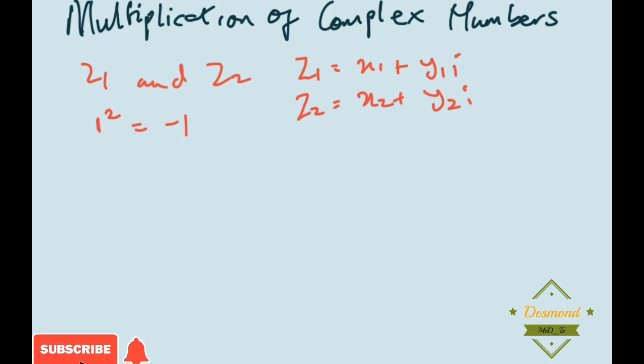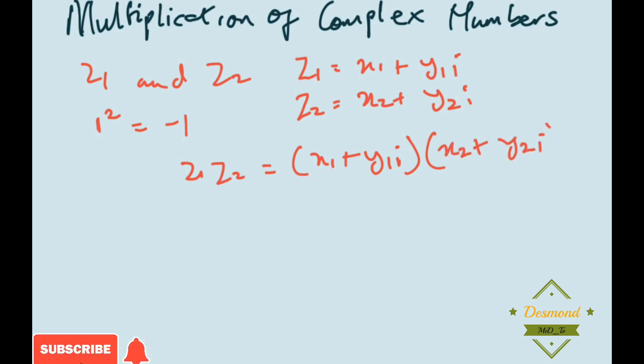We do so by z1 multiplying z2 being equal to the multiplication of these two complex numbers, x1 plus y1 i, x2 plus y2 i together. Then you multiply this with this, so multiplying this complex number with this complex number here.